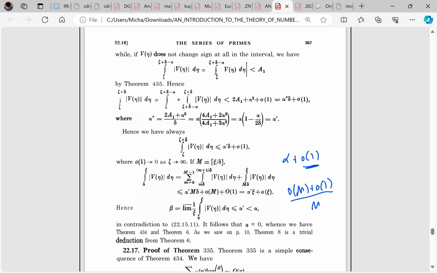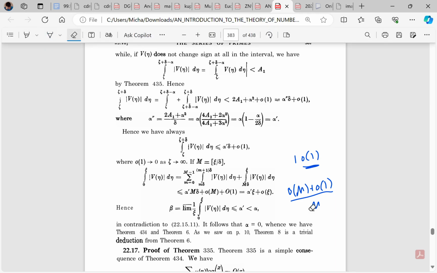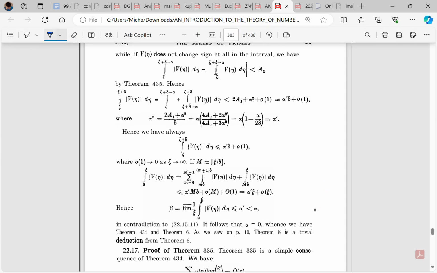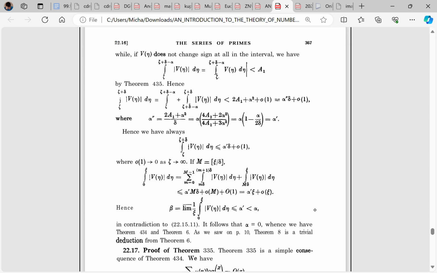Right. What's next? Then you have, okay, so now we have this thing here, 1 on c times this is less than or equal to alpha prime plus O(1).